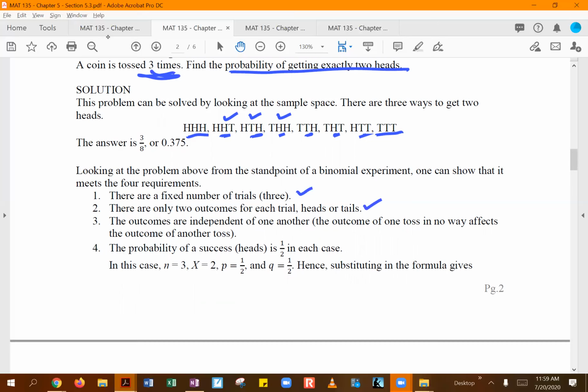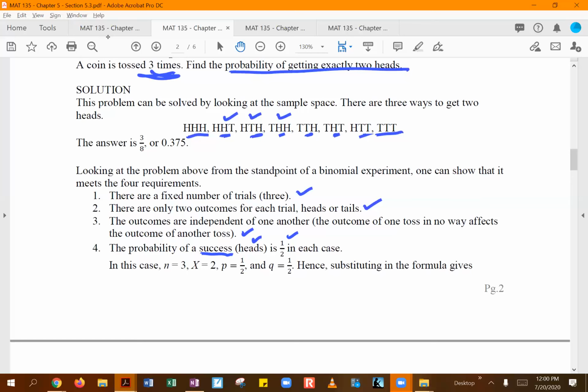So we're saying the outcome of one toss will not affect the outcome of another toss. So we know the events are independent from each other. And our probability of success, and in this case success is the probability of getting a head, is always going to stay 1/2. So we are satisfying all 4 of those binomial experiment requirements over here.